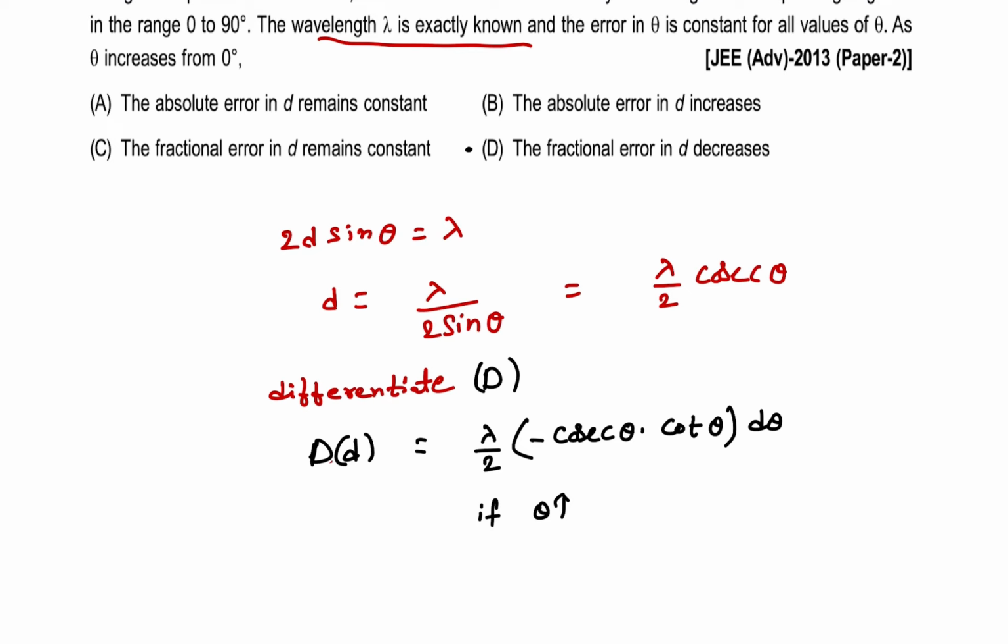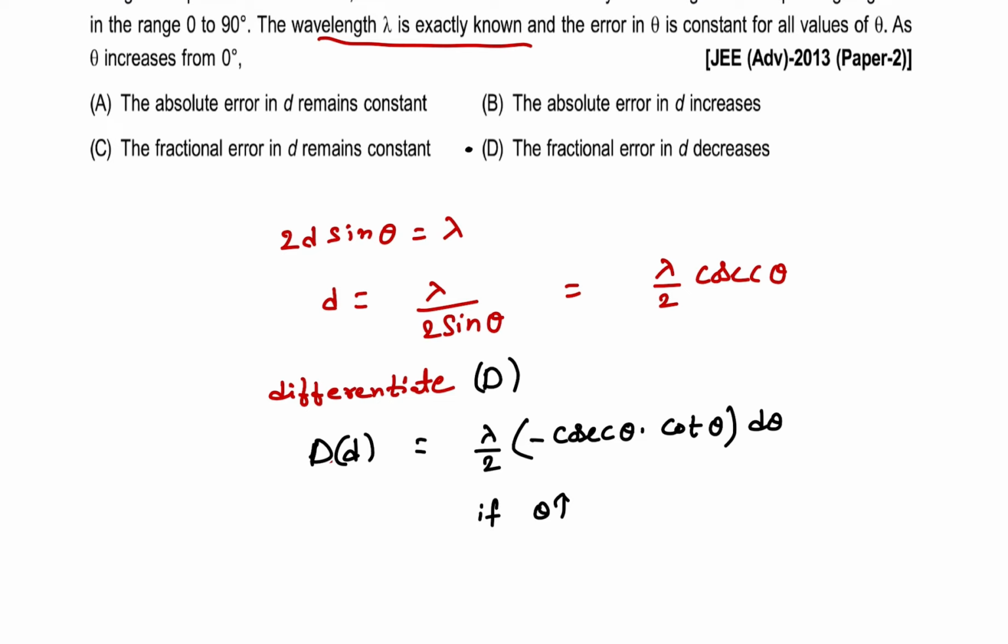If you see this, if θ increases, what will happen to cosecant θ? At θ equal to 0 degrees, sin 0 is 0, so cosecant 0 is infinity. And at θ equal to 90 degrees, cosecant θ value will decrease. But the cot θ value at θ equal to 0 degrees is cos 0 which is 1, sin 0 is 0, so infinity.